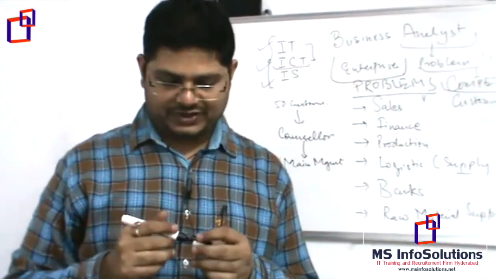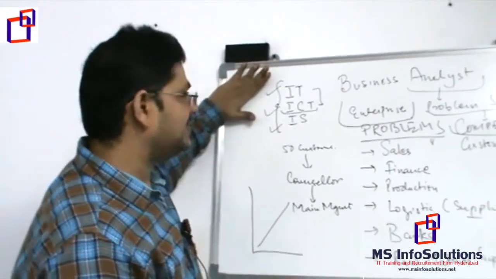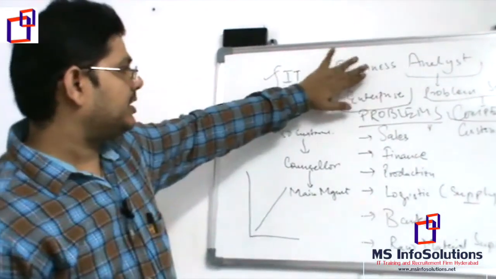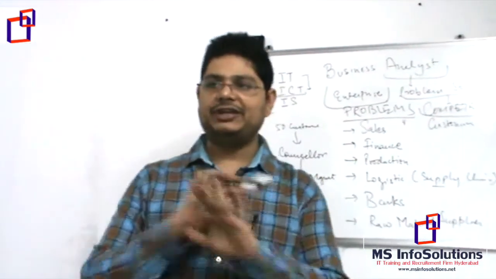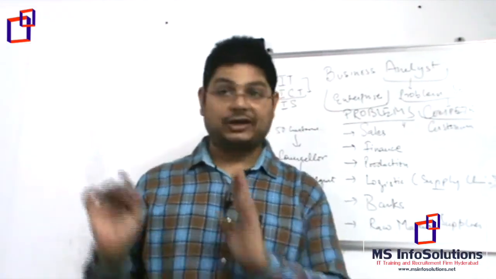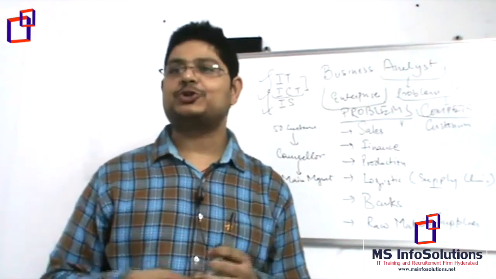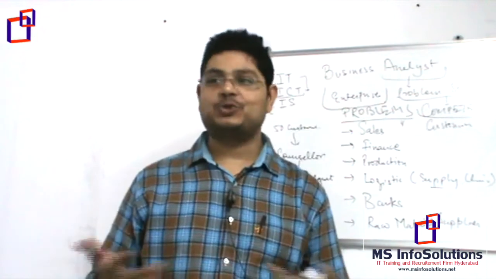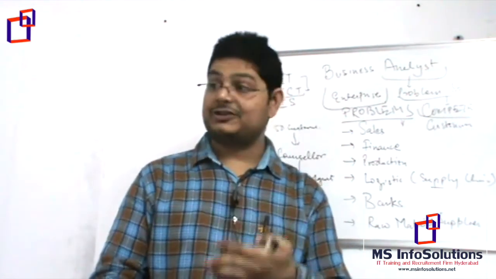So what is an information system? As you can see, as a business analyst or especially as an owner, I don't have anything to do with IT technology. Okay, in my old age, I didn't use any IT. Still, I was doing business. How? Because we were doing the business on a ledger book.